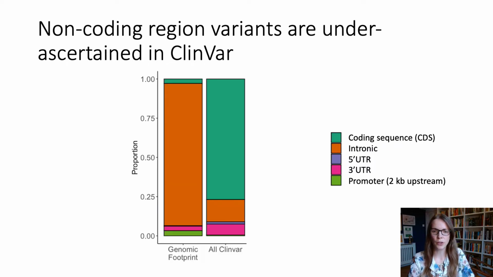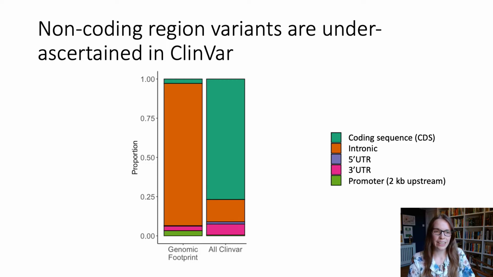There have so far not been very many variants in these non-coding regulatory regions that have been associated with disease. We can see this by looking at their under-ascertainment in the ClinVar database. Here, I take different regions of the gene and its nearby regulatory region: the coding sequence in green, intronic sequence in orange, UTRs in pink and purple, and a promoter sequence corresponding to the first two kilobases upstream of the 5' UTR in green.